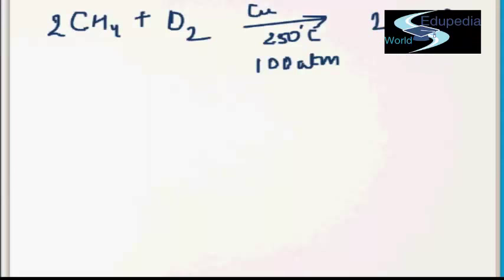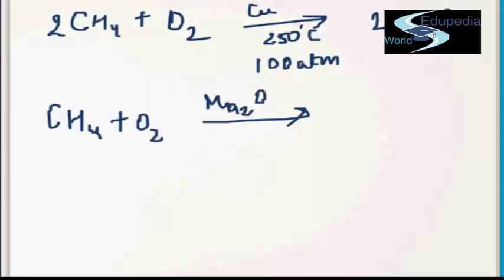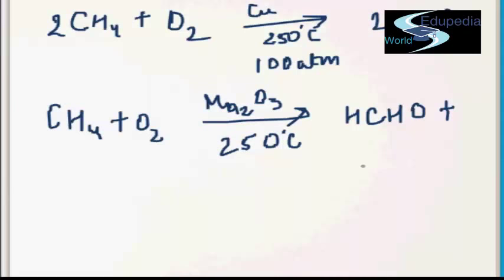This is methanol. CH4 plus O2 with Mn2O3 at 250 degrees Celsius forms HCHO plus H2O.